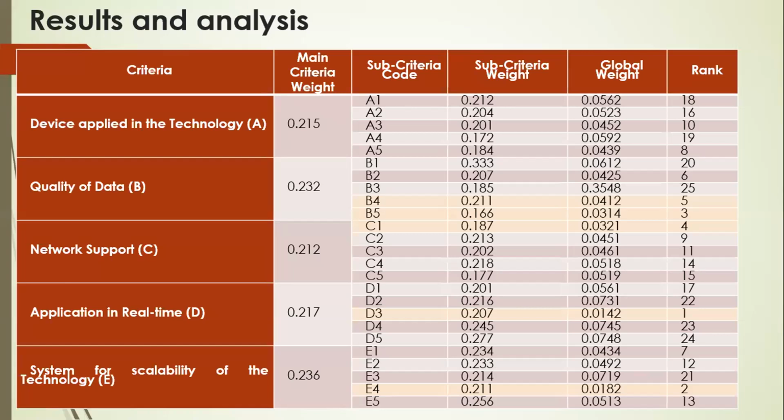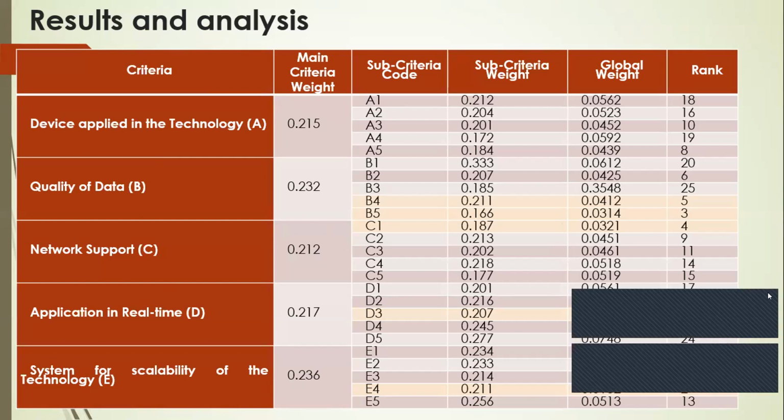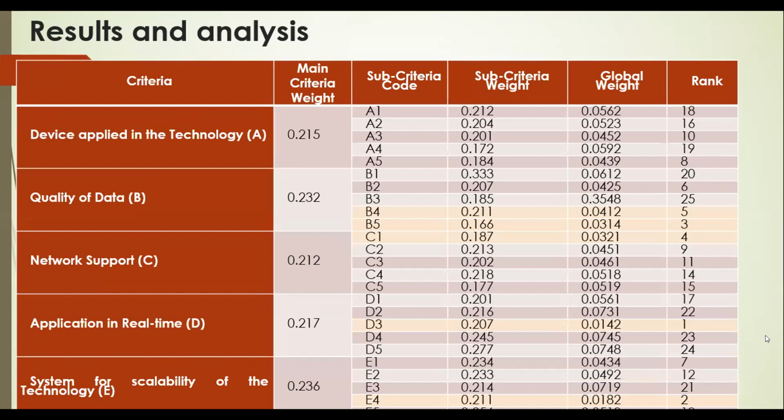As per the survey conducted, these were the results of our analysis. If you see the criteria, the various criteria are mentioned, then their weightages. System for scalability of technology is one of the highly weighted criteria, considered more challenging for scaling your operations to a commercial level.